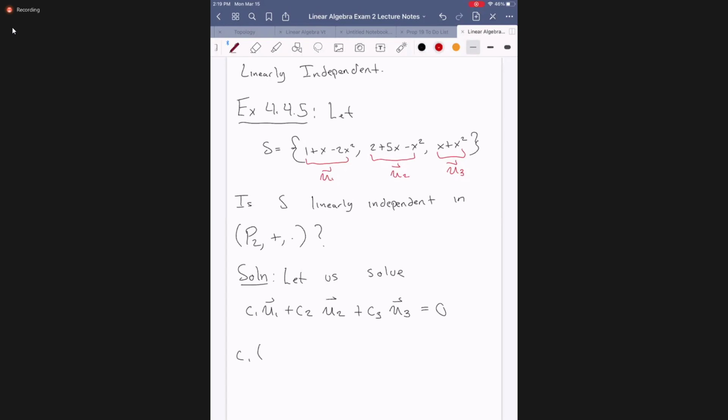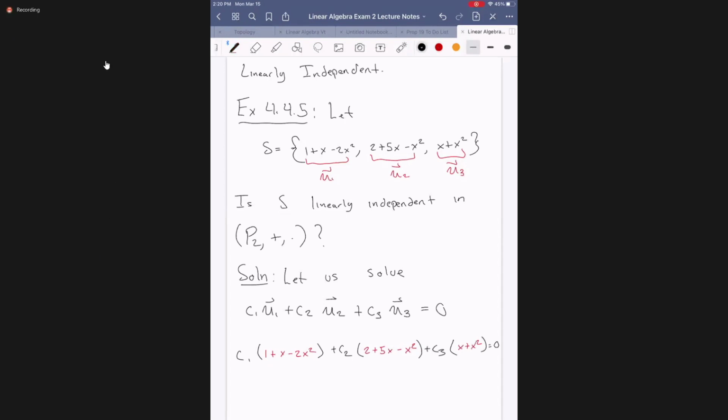So this would be c1 times (1 plus x minus 2x squared), plus c2 times (2 plus 5x minus x squared), plus c3 times (x plus x squared), and this equals 0.